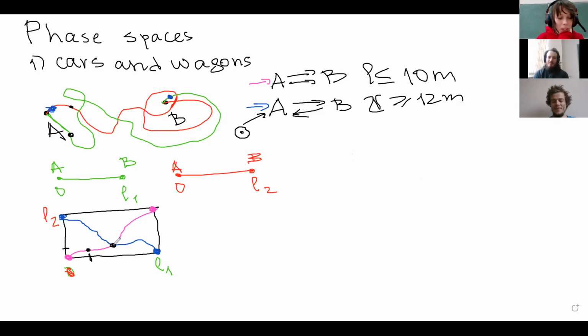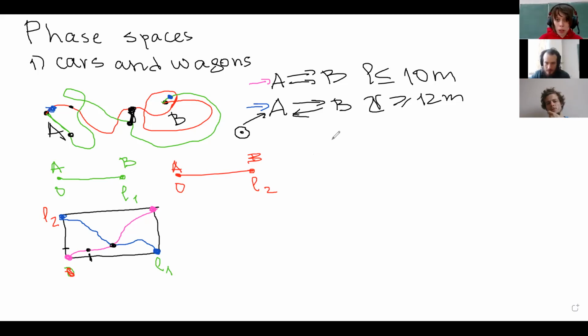Okay. It basically means that at some points of time, cars and wagons were at the same positions. So let's say here. And this means that the distance between these positions is less than 10 meters because of the rope.